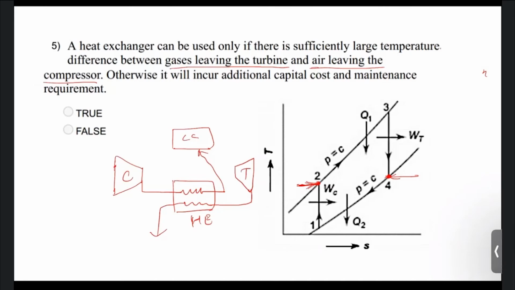So it is always desirable to have a large difference between the point 2 and point 4 temperatures, then only can we afford a heat exchanger, otherwise no. So for this question, it is right that there should be a sufficiently large temperature difference, then only is a heat exchanger advisable, otherwise it is not a good option for our whole gas turbine system. So this is also true.